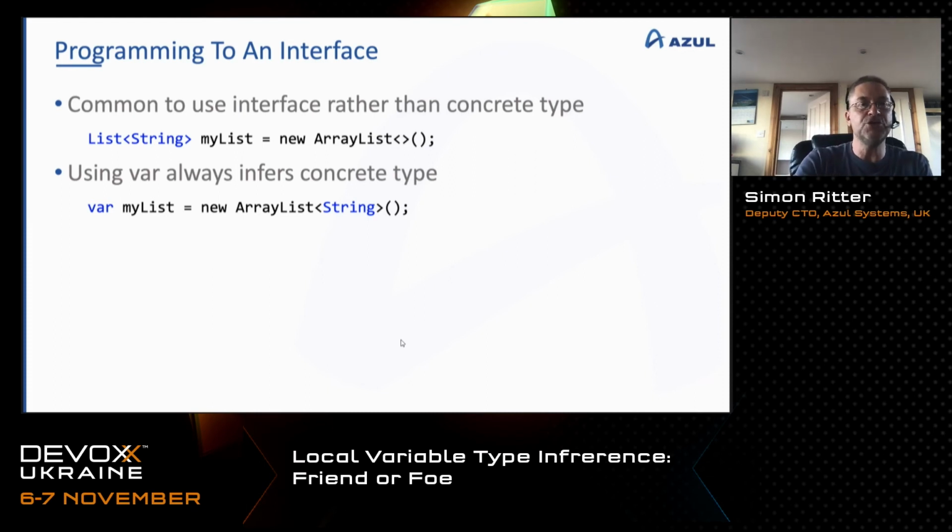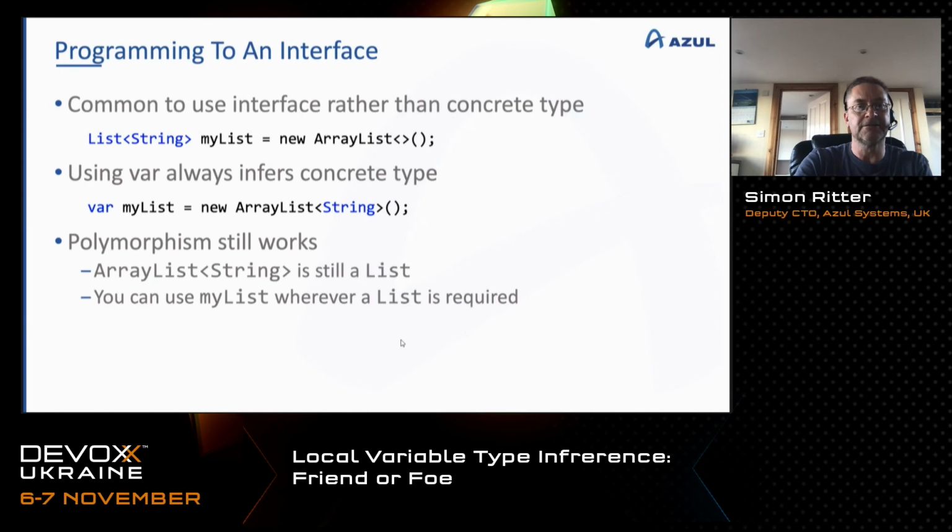So wherever we use my list, polymorphism is still going to work. Although array list of type string is a list, so you can use my list wherever you need a list of type string, nothing changes. The only thing that technically would be different is that you could call methods on my list that are in array list but not in list.